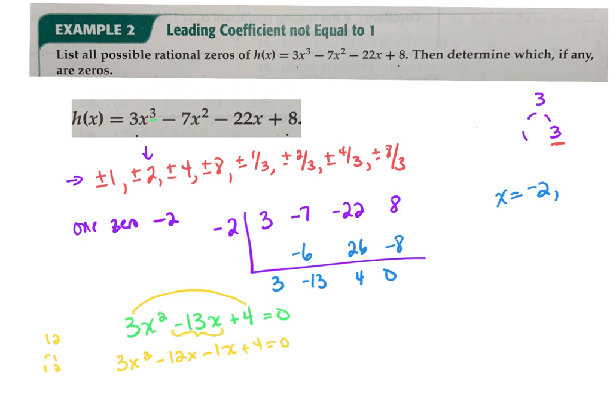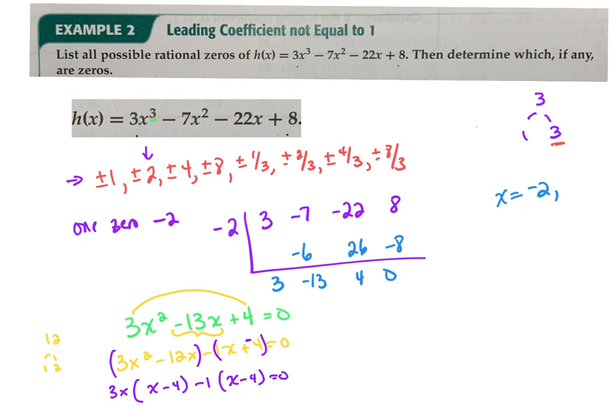How do I factor this guy? By what method? Factor by grouping. So I'm going to group this guy. Anytime you group after a negative, you change the last sign. What can I take out of 3x squared and 12x? 3x. I'm left with x minus 4. When you can't take anything out, just put a 1. And you're going to have x minus 4.